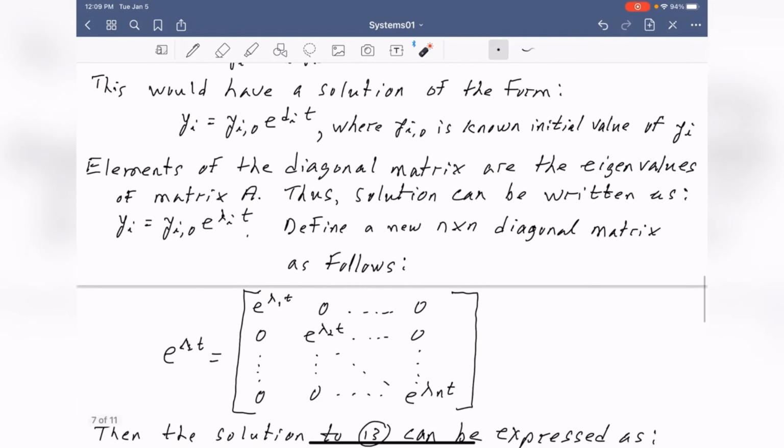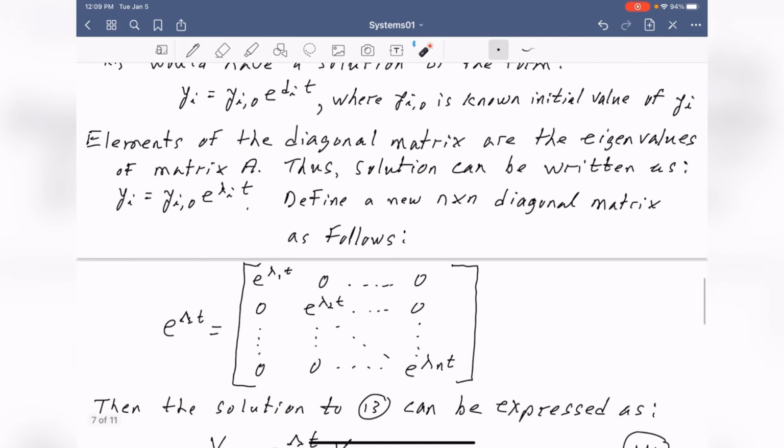The elements of the diagonal matrix are the eigenvalues of the matrix A, just as above, and thus a solution can be written as y_i equals y_i0 e to the lambda_i t, where lambda_i is the eigenvalue here.